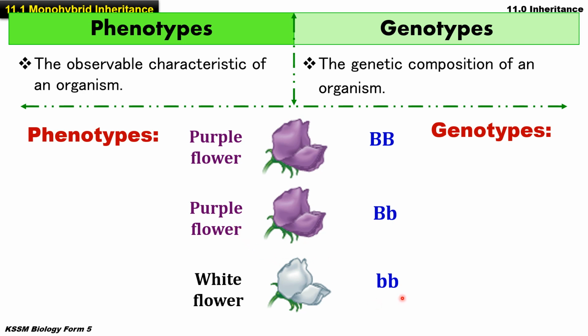B kecil genotype determine the phenotype of white flower. Boleh? So, genotype ni adalah coding for the phenotype. Do we can see the B besar, B kecil? No. Ini adalah yang kita tak nampak. But phenotype yang kita nampak.